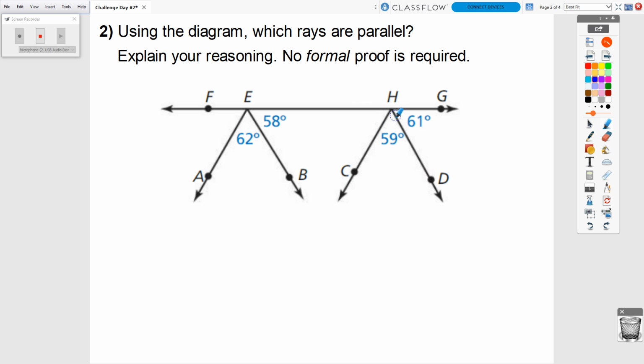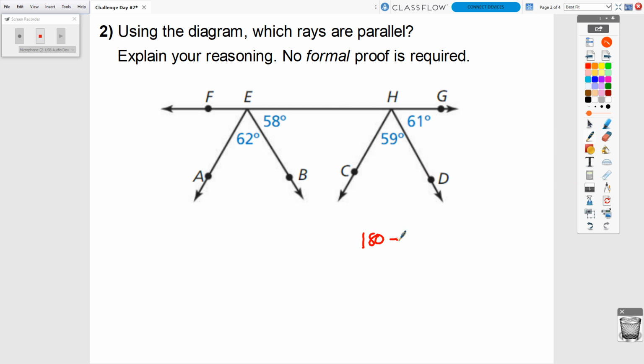So point H is a vertex. It is the elbow of 3 angles: this 61 degree angle, this 59 degree angle, and this unknown angle, EHC. But all 3 of those angles collectively that use vertex point H have to add up to be 180 degrees, again, by the straight angle postulate.